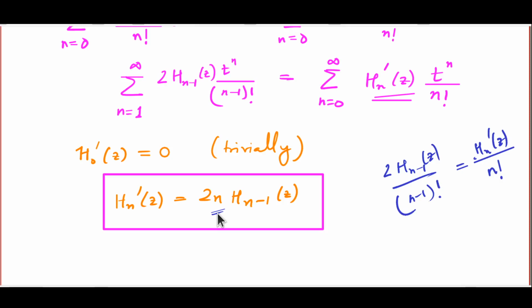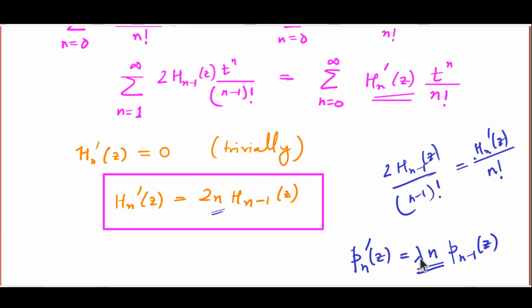So hn happens to be an nth order polynomial whose derivative essentially is n, apart from an extra factor of 2 here, times the previous order polynomial. So basically you have a sequence like this. Basically we have a polynomial of degree n whose derivative is essentially n times the n minus 1 z times some factor here.